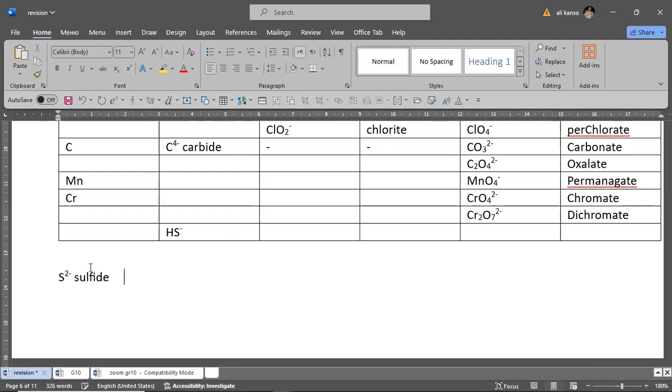If H comes beside it, H plus, okay, H is always a plus, if it is introduced into S2 minus together, then it's called HS. It becomes 1 minus, and its name is called hydrogen sulfide.